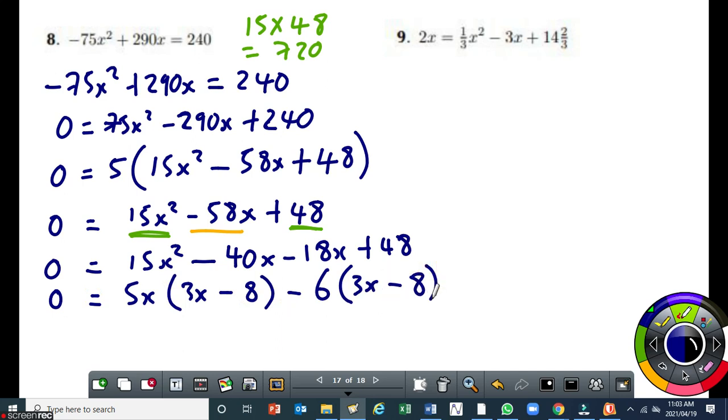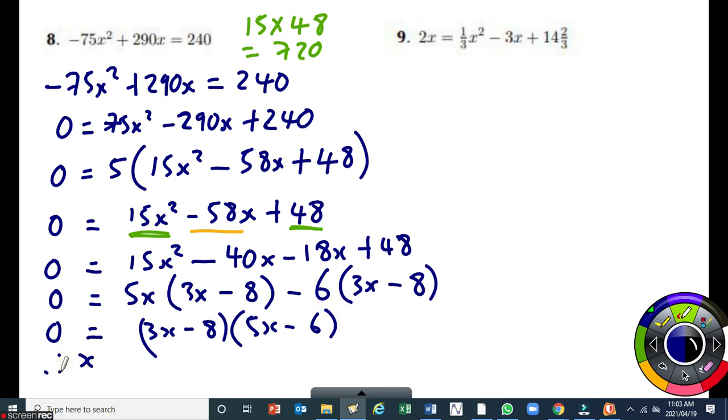Right, so what this means is that 0 will be equal to 3x minus 8 times 5x minus 6. So, if I carry on, because of space, I can just write here my x values. My x values will be equal to 8 over 3, or x will be equal to 6 over 5. Alright, so that's my final answer.